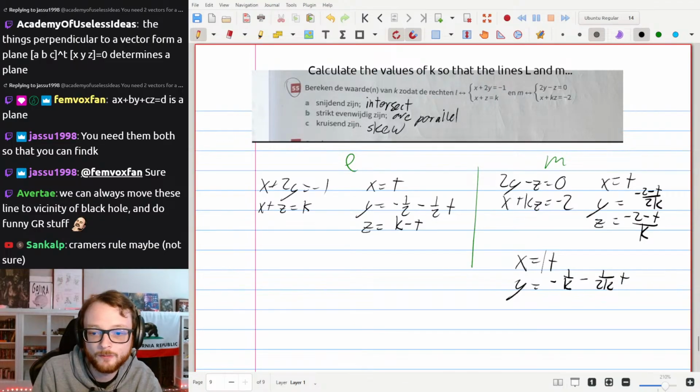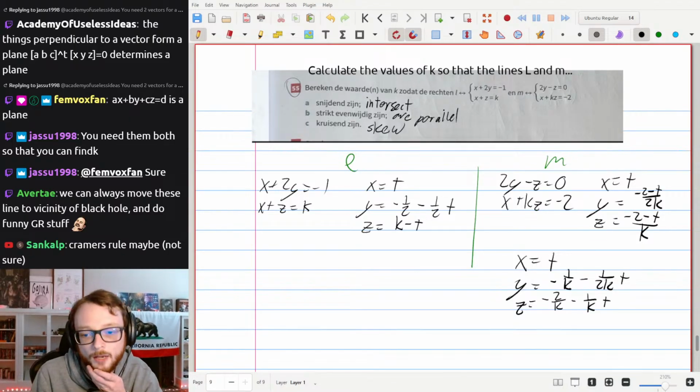The coefficients of t should all be equal, right? That's the condition that we want. And I think k equals 1 gives us that.